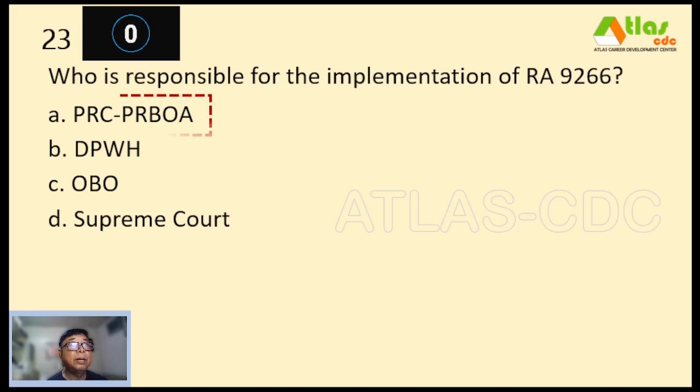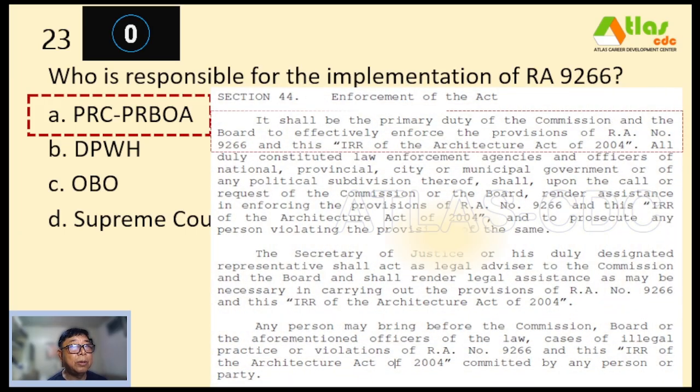And our correct answer is letter A, PRC PRBoA. So under Section 44, Enforcement of the Act, it is the primary duty of the Commission or PRC and the Board or PRBoA or PRB ARC to effectively enforce the provisions of RA 9266 and the IRR.